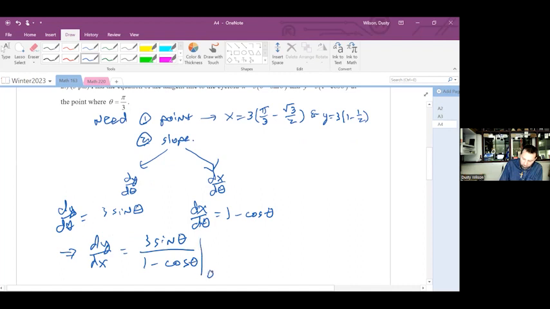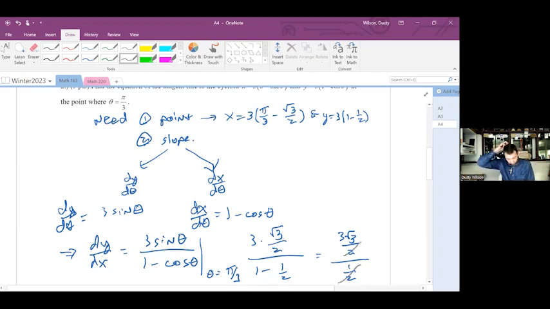And if we evaluate this at theta equals pi over 3, we're going to get 3 times root 3 over 2 divided by 1 minus 1/2, which would be 3 root 3 over 2 divided by 1/2. The 2 halves kill each other, leaving you with simply 3 root 3. Did I lose the other 3?